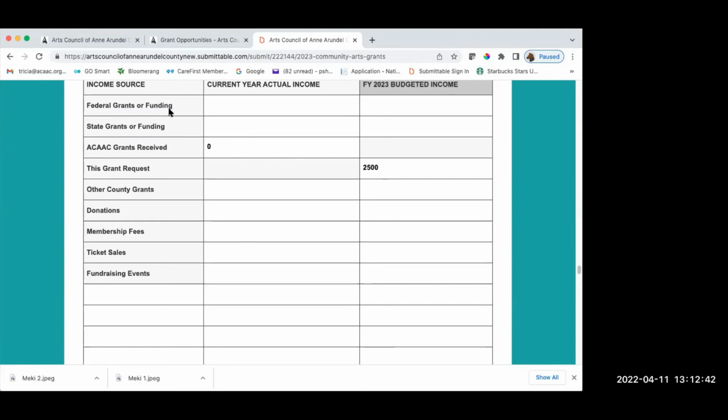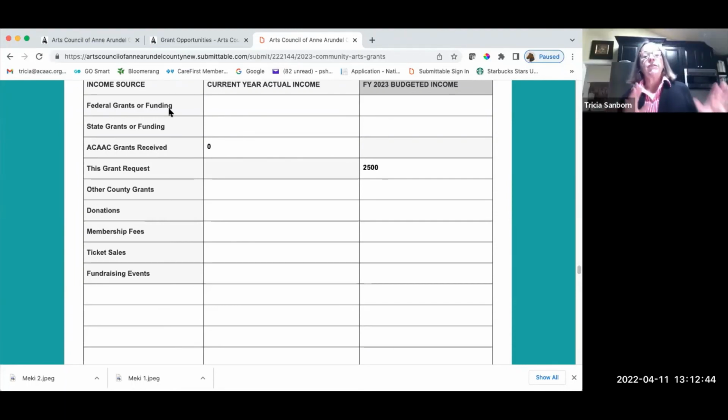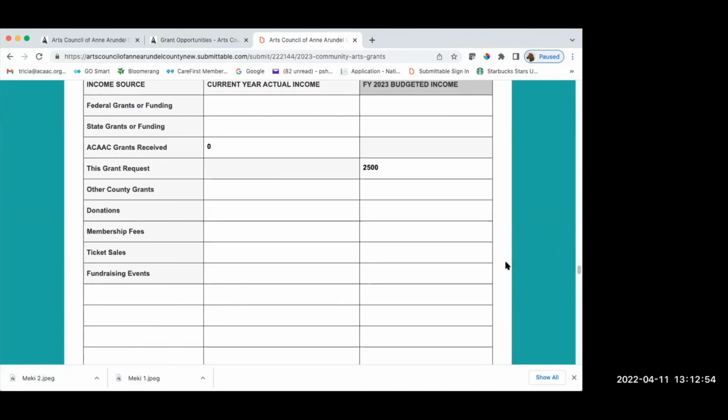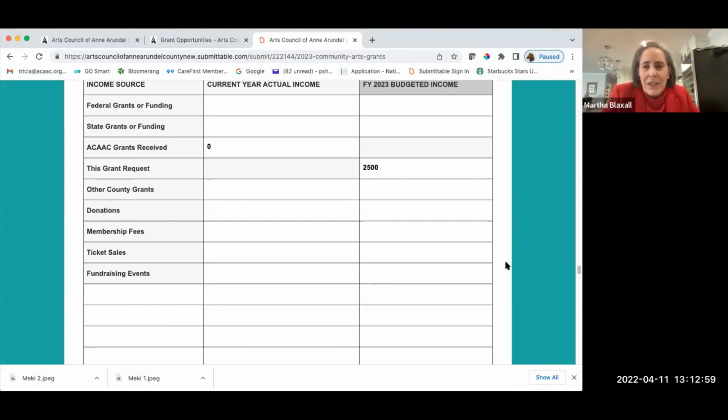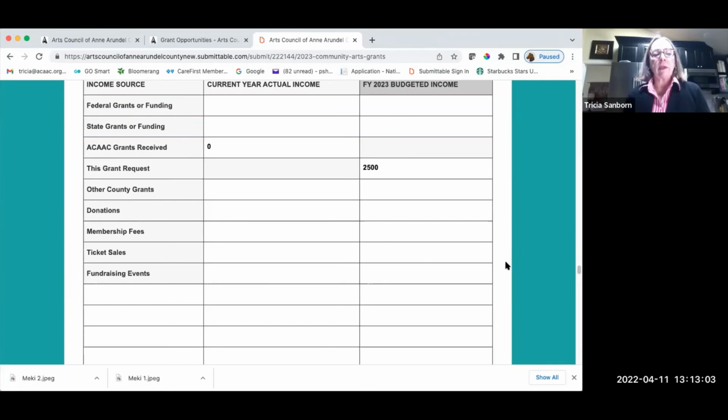Any COVID relief that you got this year would go either into federal or state or us, or other county grants down below, because there are county grants that some people have received.